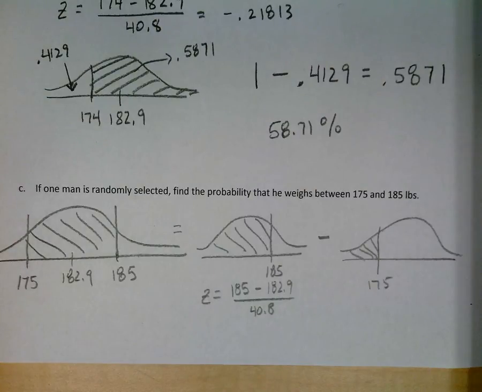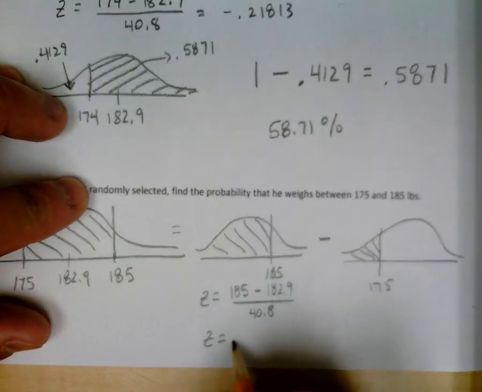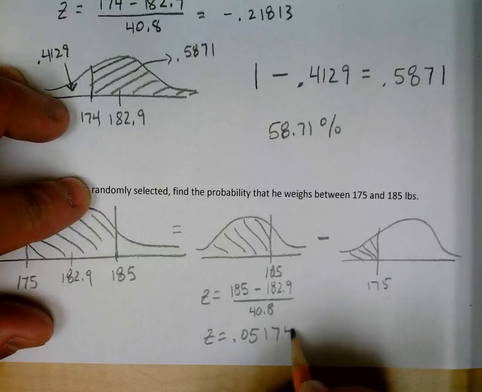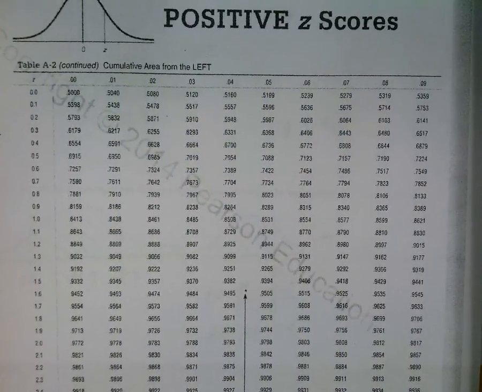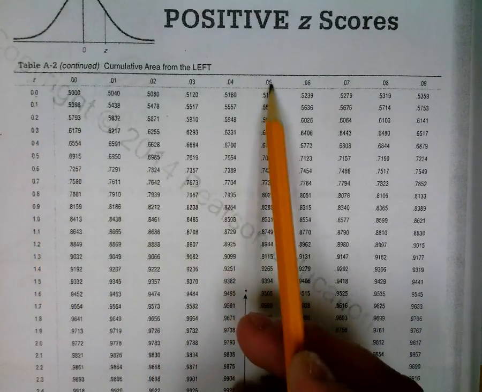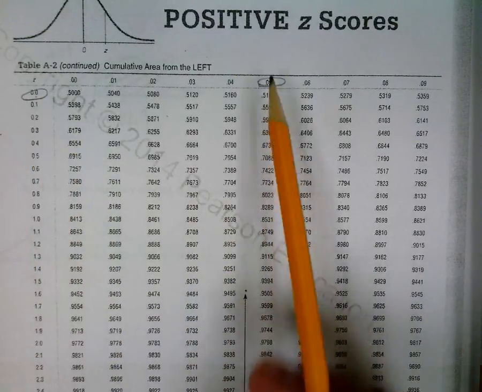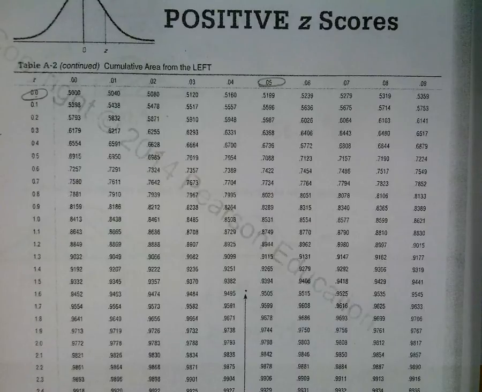So this z-score should be positive because it is above the mean. And it is. So then we would want to use our positive z-score table in this case and find 0.05. If we look here at the top, we've got 0.0, and then here's the hundredths place of 5, so 0.05.